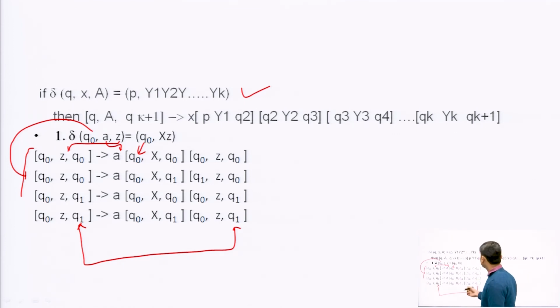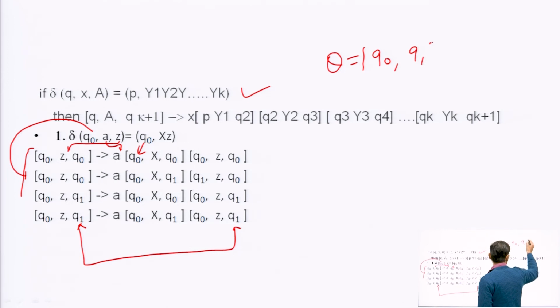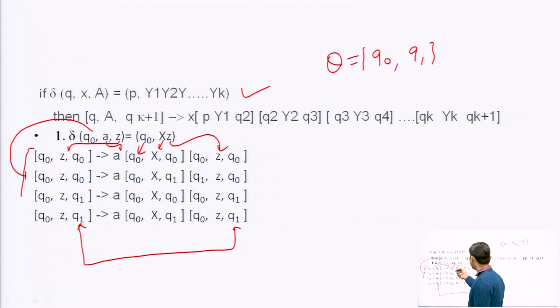Here there are only 2 states, as we already saw in our question, Q0 and Q1. So that's why these are the productions. Here A is a terminal, and after the operation we have X Z on the stack, so all X and all Z appear.